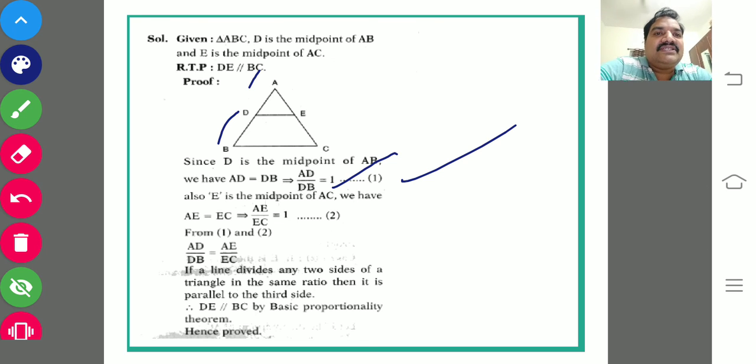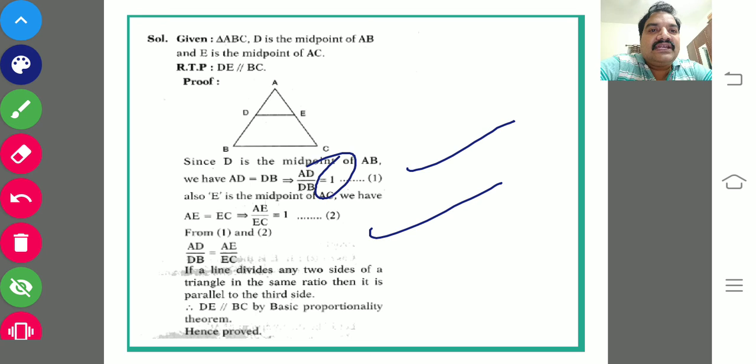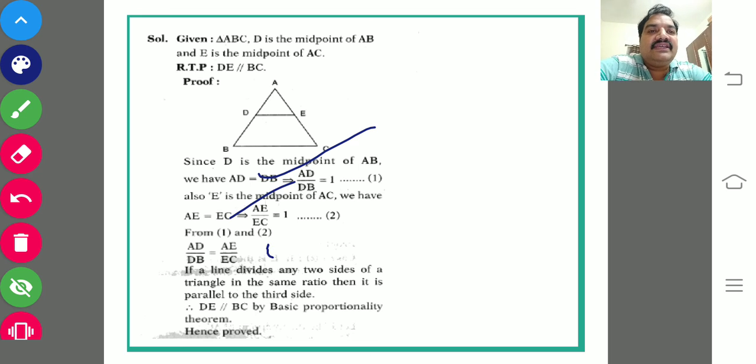That's equation 1. And the same you have to apply on this side also. AE by EC. E is a midpoint. So E divided the segment AC into two equal parts. That's why AE by EC equals 1. If you observe equations 1 and 2, both RHS values are equal. So AD by DB equals AE by EC.